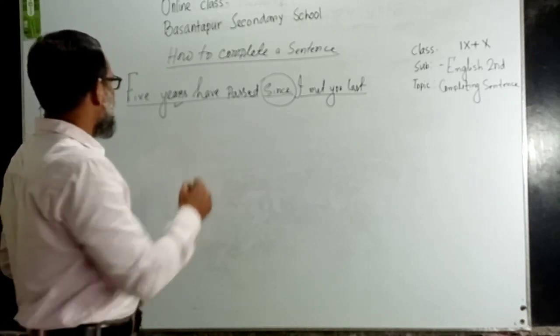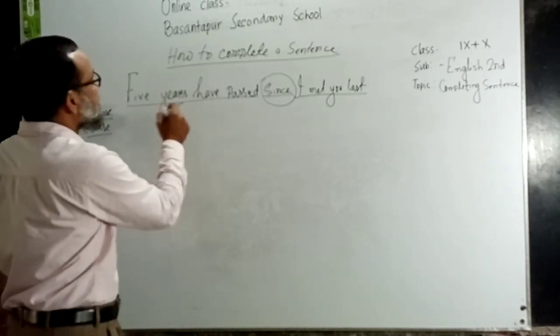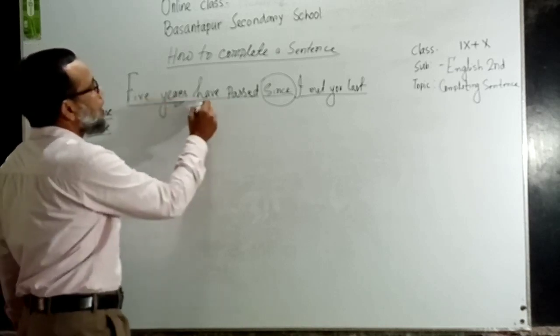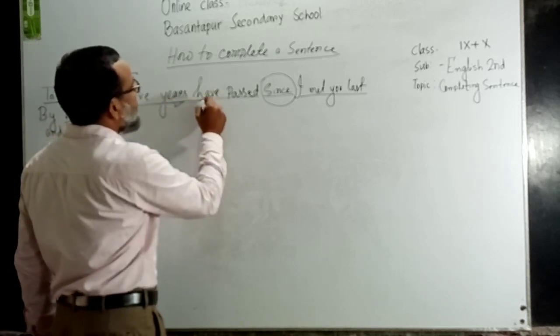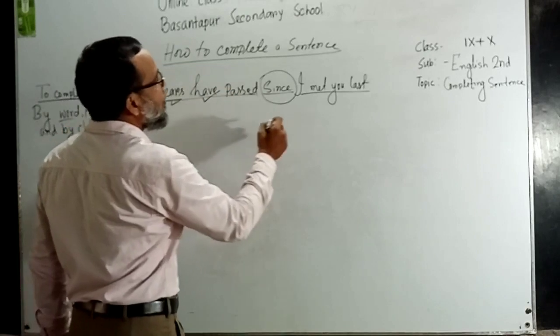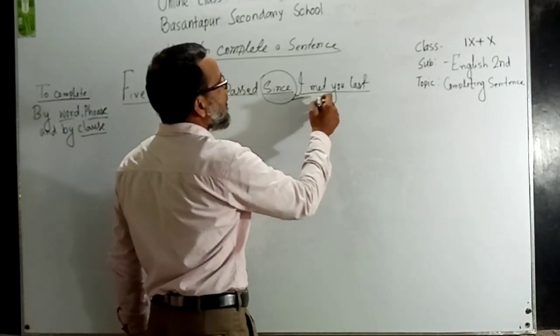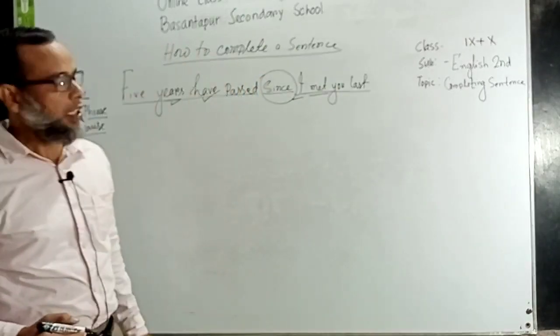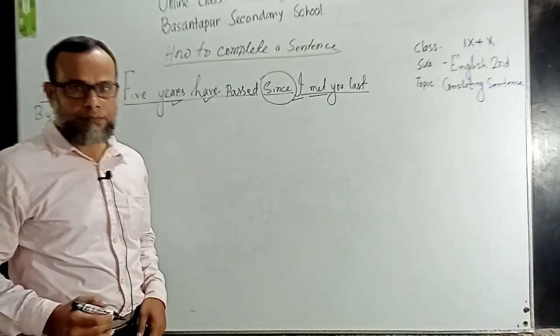So this sentence has two subjects: five years, and have is a finite verb, and I is another subject, met is another finite verb. So it is a complex sentence.